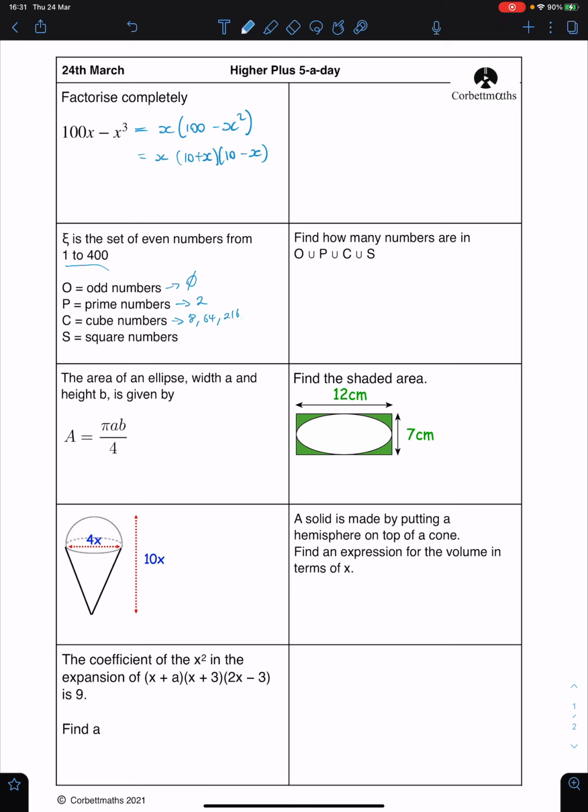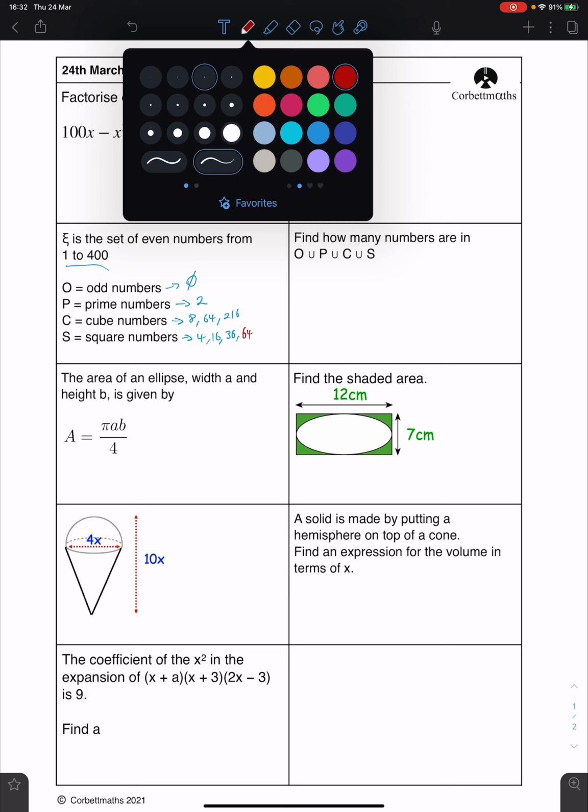Right, then the square numbers. Again, going through the square numbers. So we have 2 squared, which is 4. We can't do 1 squared because that's not even. 3 squared is not even. 4 squared is 16. 5 squared is not even. 6 squared is 36. 7 squared is not even. 8 squared is 64, which we already have, but I'm actually going to write it in a different color just to mark that we already have it.